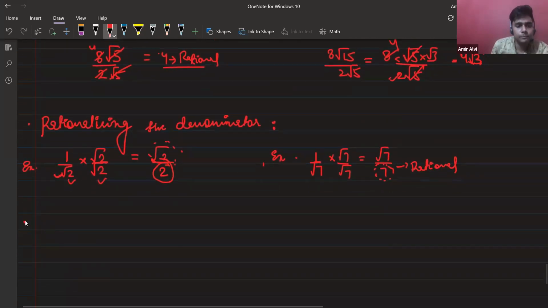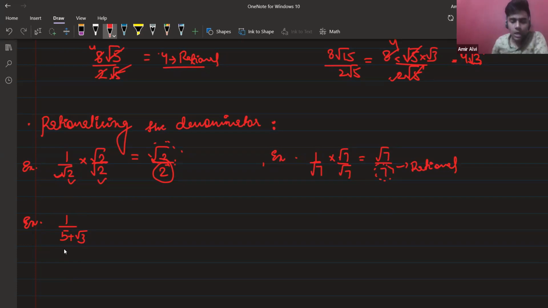So now, Simran, let's take an example which involves two terms. This was single-term rationalization. Let's take one example which is rationalizing with two terms. Are these two terms? 5 plus root 3, basically.